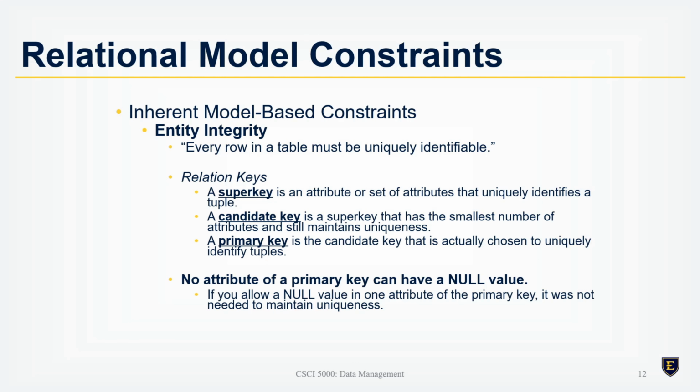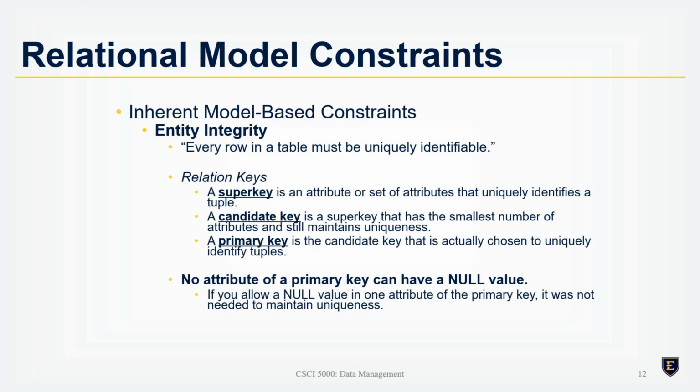So that means that if we have a set of values within a particular row, then that set of values will be unique for all rows in that particular relation. A candidate key is a super key that has the smallest number of attributes possible, but it still maintains uniqueness.